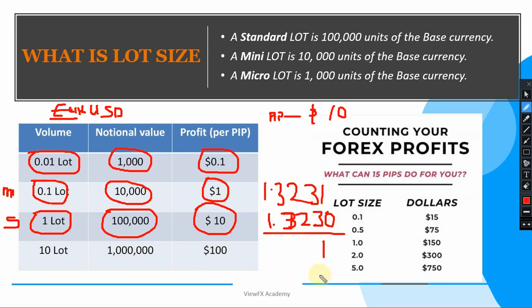Now, if you have a $10 account, you can never trade a standard lot. You can never, because just a simple move against you, in fact, it's not possible. The system will not allow you to trade that. But let's say it were possible, just a single move in the opposite direction and your account is blown.